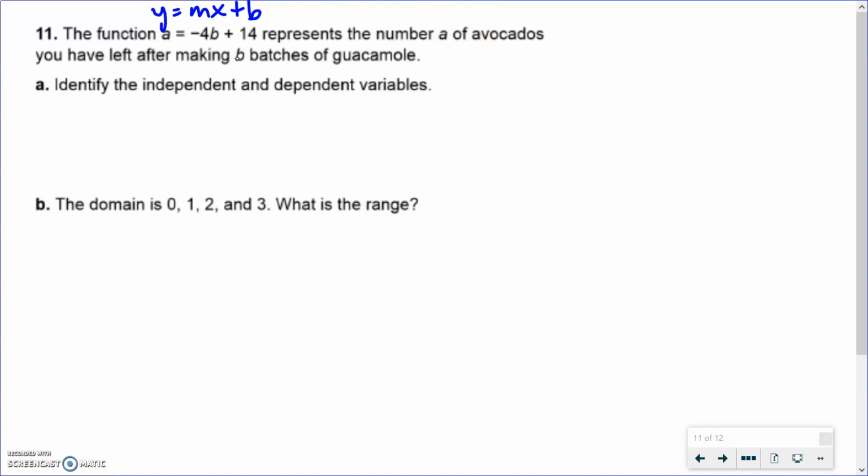Our dependent variable is going to be A, avocados, and the independent variable is going to be B, batches of guacamole.